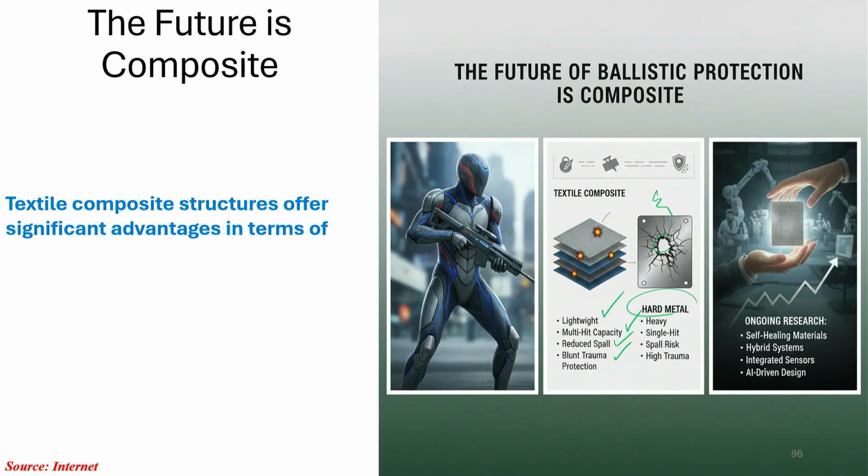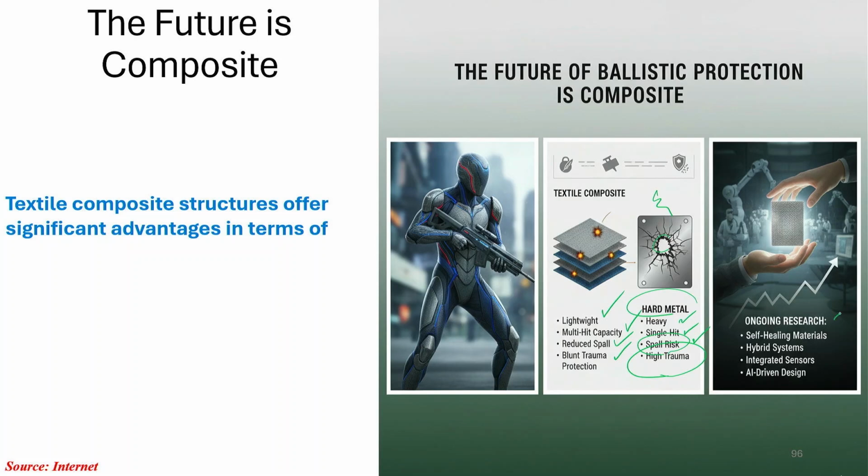The basic problem with the metal is that it is heavy and single hit, multi-hit capability is not there. If it damages, then we have to replace. It has a risk of spall formation, secondary projectile, and high trauma, that we have discussed.